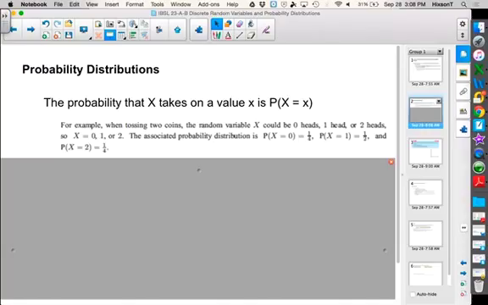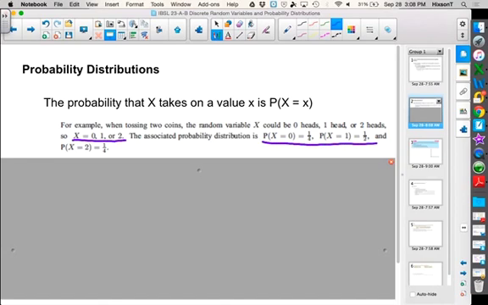then we have a numerical value. So our random variable X has three possible values, 0, 1, or 2. No heads, one head, or two heads. And then the probability distribution you can see right here. Okay?